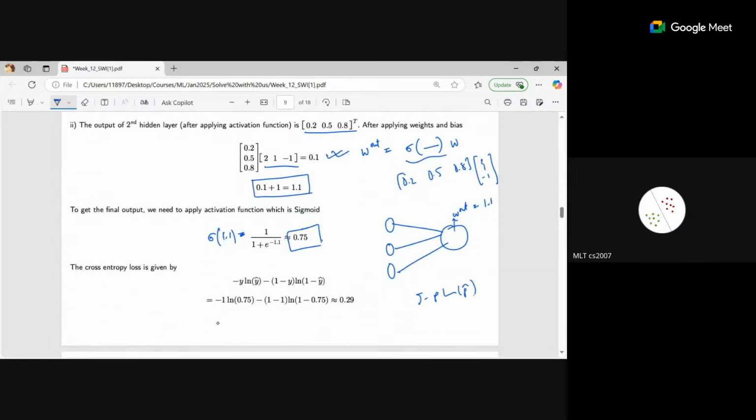That's why we have written minus 1 times log of y hat. The y hat that we got is 0.75, so minus 1 log 0.75. And then we take 1 minus y, which is 1 minus 1, times log of 1 minus y hat. The final answer that we get is 0.29 after calculating everything.